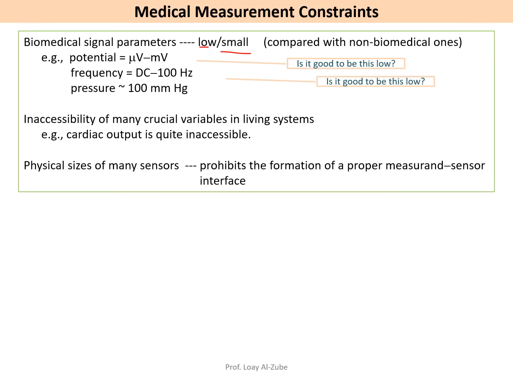Mechanical engineers work with larger quantities or values for their parameters. The potentials in the body, the EMG, ECG and EEG, are in the micro to millivolts. Milli is 10 to the power minus 3. The frequencies go from 0 to 100 hertz.